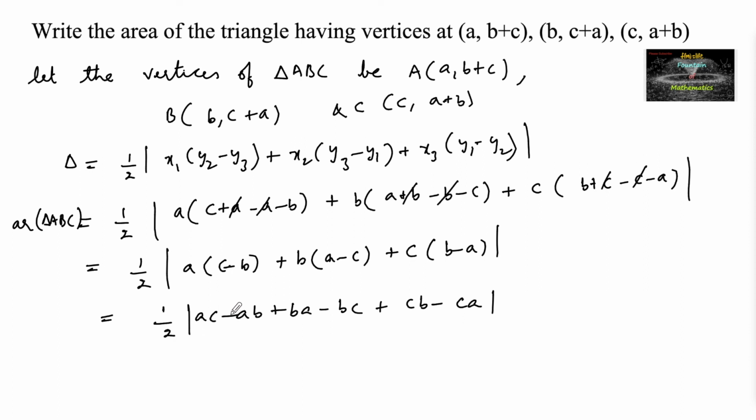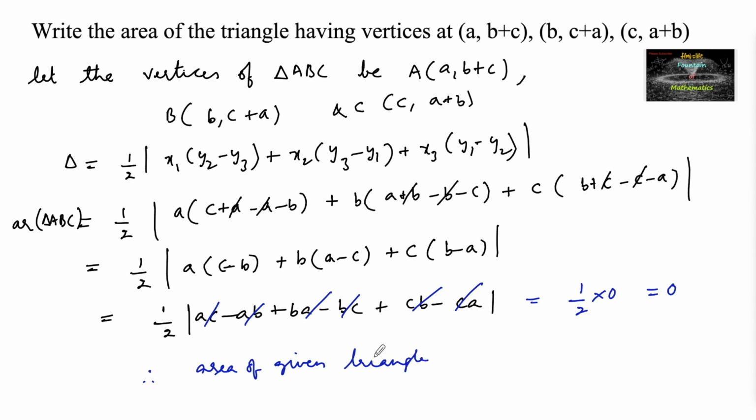So we can cancel here plus ac and minus ac, and minus ab plus ab, and minus bc plus bc. So we will get 1 by 2 into 0, which is 0. Therefore the area of the given triangle is 0 square units.